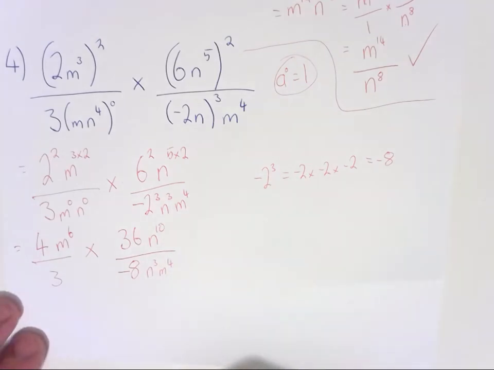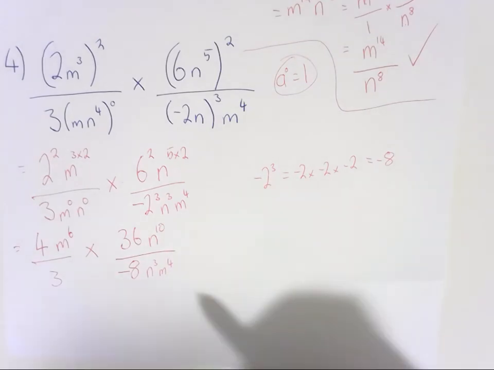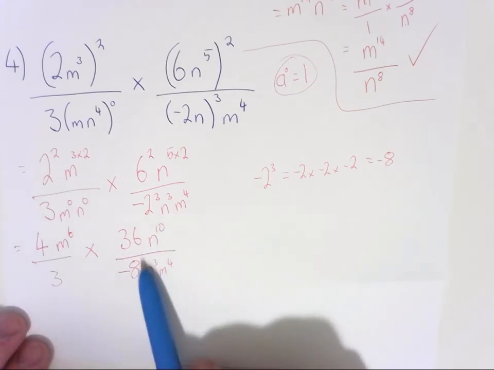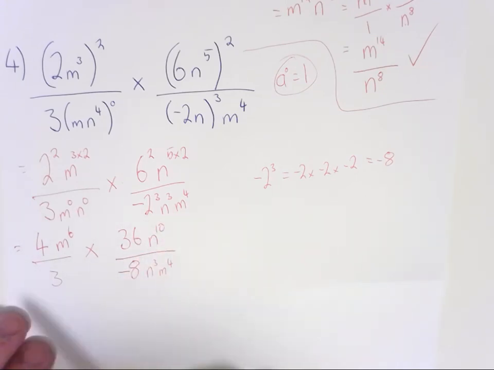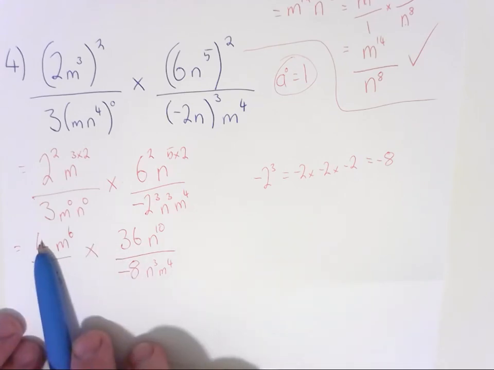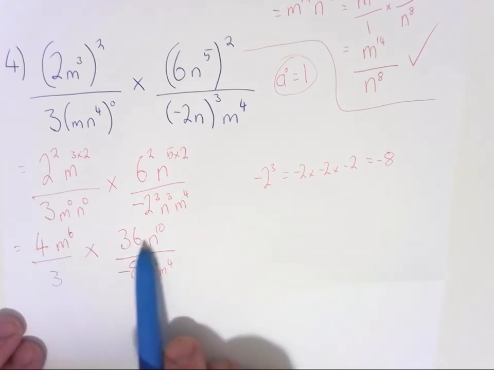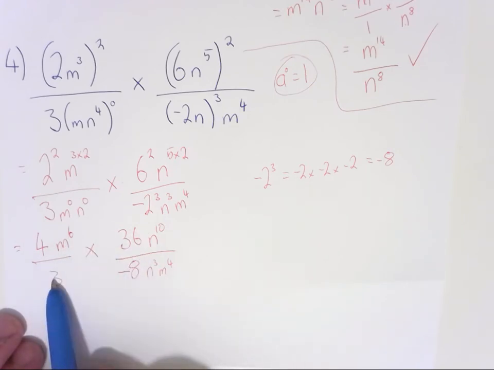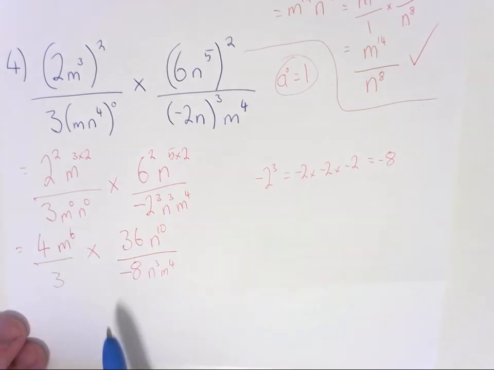And then n to the 3, m to the 4. Now, with this next bit, we can simplify this a little bit, straight up. But I think what I'm going to do is just our standard fraction rules of multiply the top, numerator times numerator gives new numerator, denominator times denominator gives new denominator.